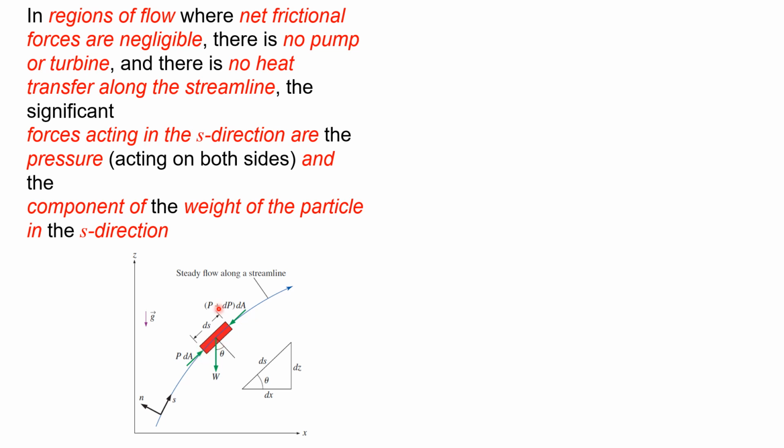Since the point here is lower than this point, here it is P plus dP. Meaning the pressure will not be the same, it will be higher, opposing the movement. You also will have the effect of gravity, which will produce a weight.